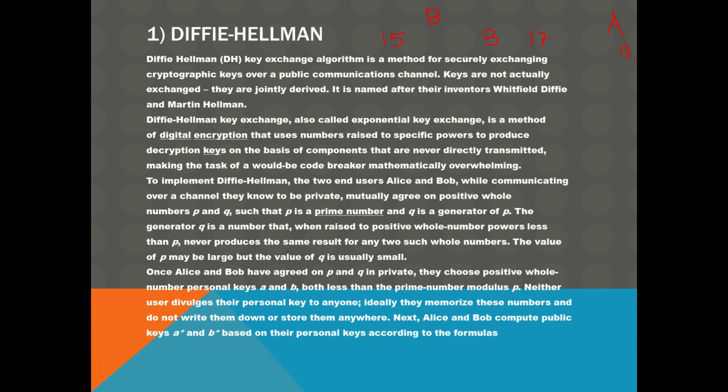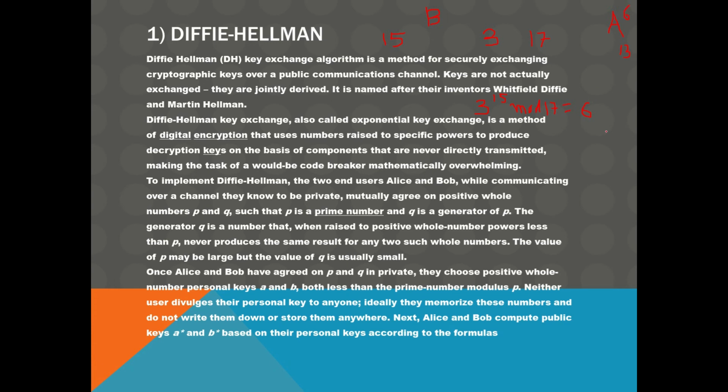And now what Bob actually did, he calculated 3 to the power 15 modulus 17. And after calculating, he got 6. And now this number 6 is sent to Alice.